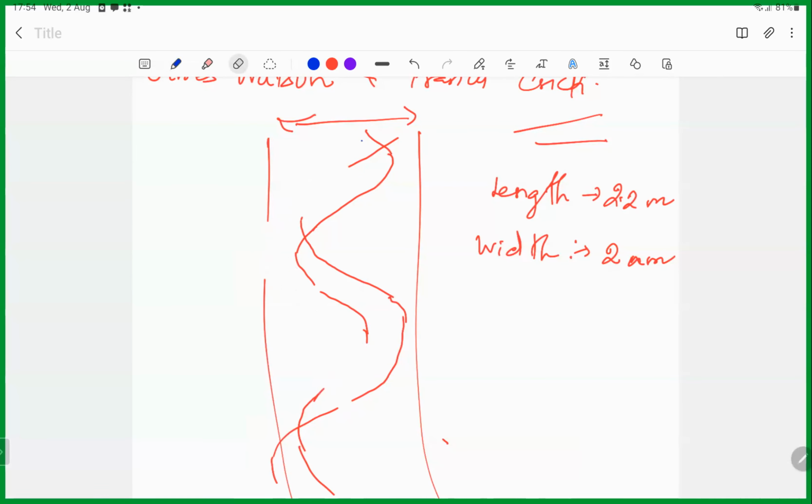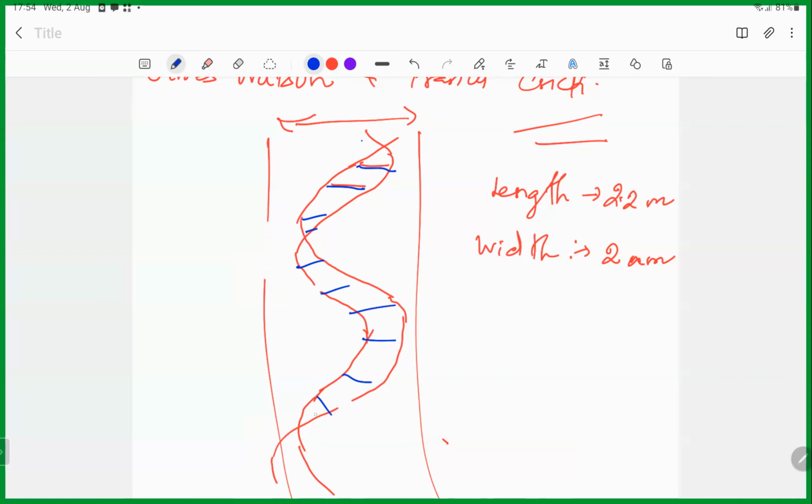That 1 turn consists of what? Approximately 10 base pairs. Let me use a different color. So 1, 2, 3, 4, 5, 6, 7, 8, 9, 10.